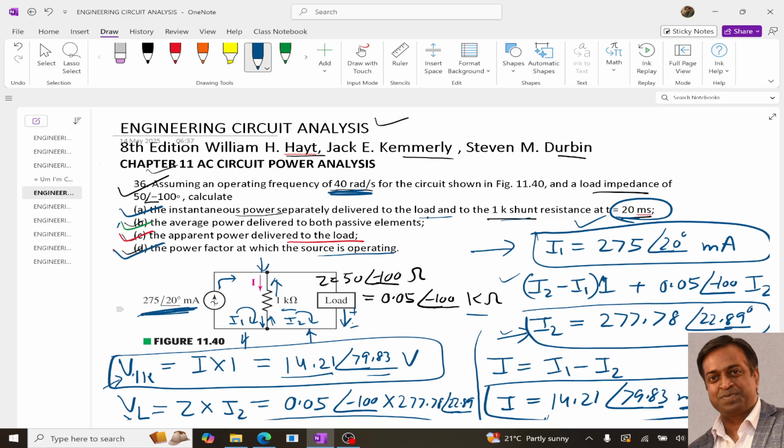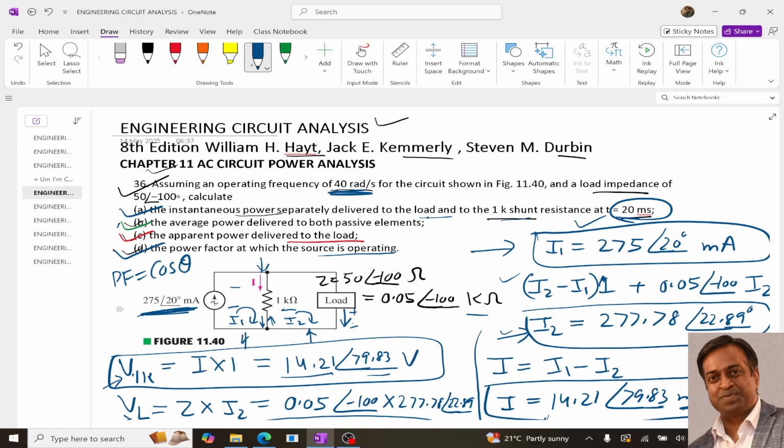So we need to determine what is the voltage across this source. It will be the voltage across this 1 kilo ohm because both are in parallel. So to calculate the power factor, we know that power factor is equal to cos theta, where theta is the angle between the voltage and the current, with voltage leading the current.